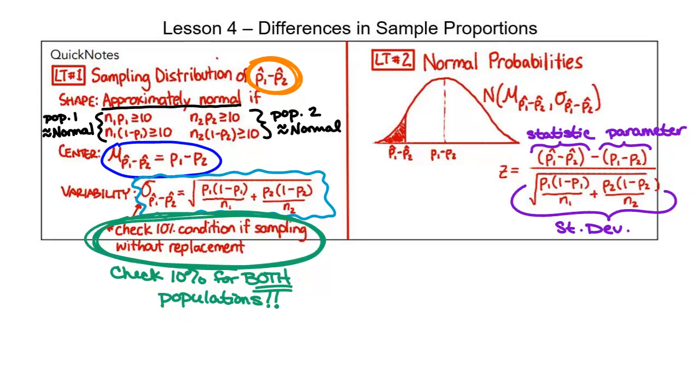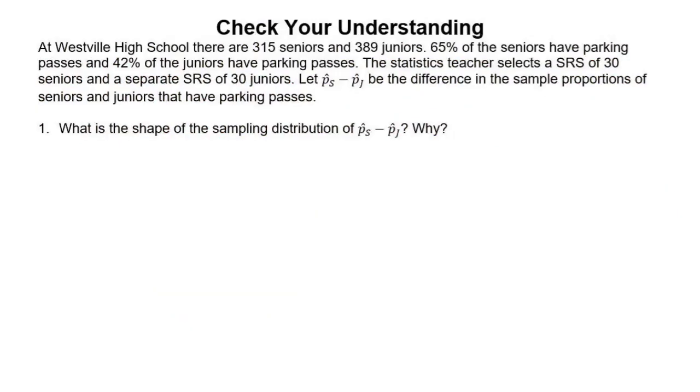All right, just to check your understanding, and then we are done. You guys ready? All right, let's check this out. At Westville High School, there are 315 seniors and 389 juniors. 65% of the seniors have parking passes, and 42% of the juniors have parking passes. The statistics teacher selects a simple random sample of 30 seniors and a separate simple random sample of 30 juniors.